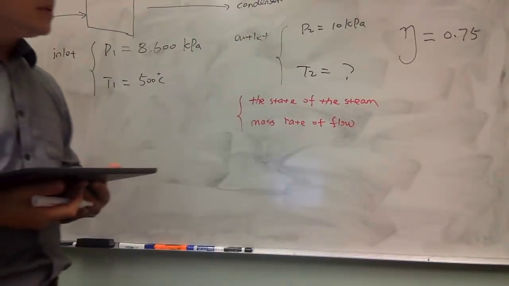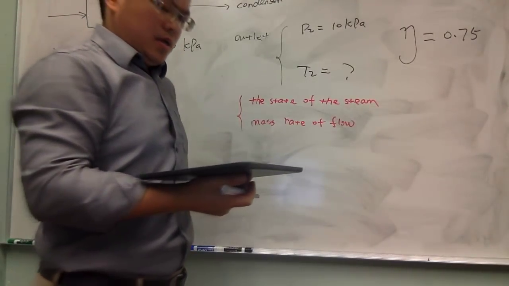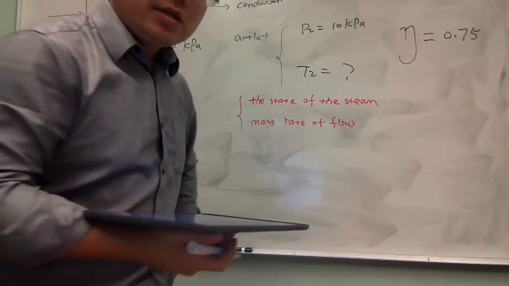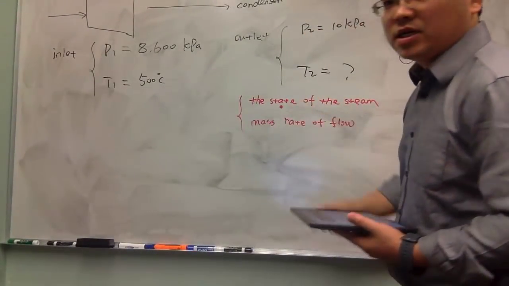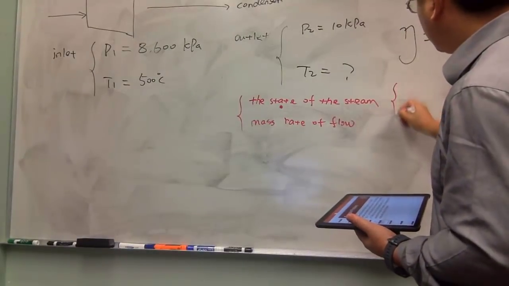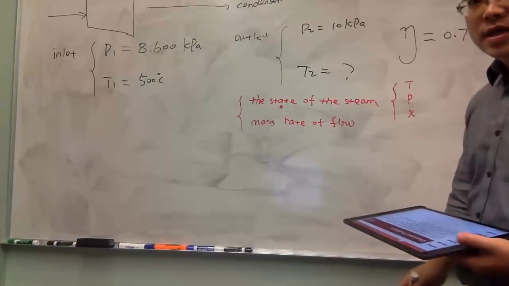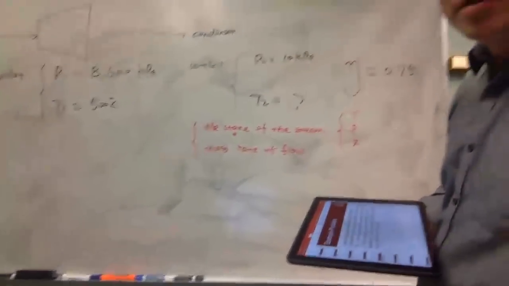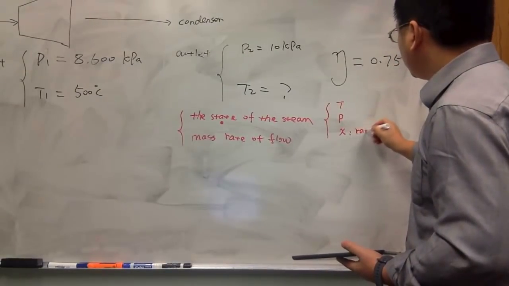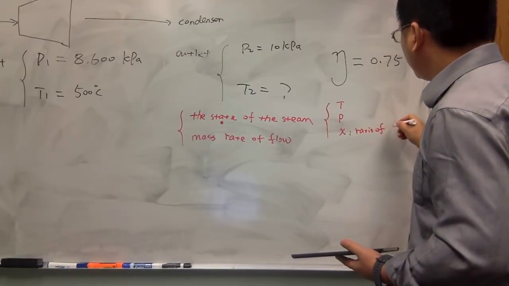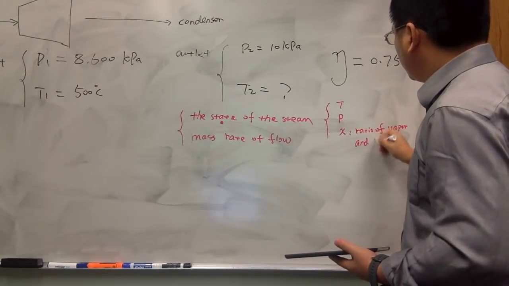Right. So what does it mean by the state of the steam? In general, if we want to determine the state, then we need to understand T, P, and X. X usually comes from the ratio of vapor and liquid.